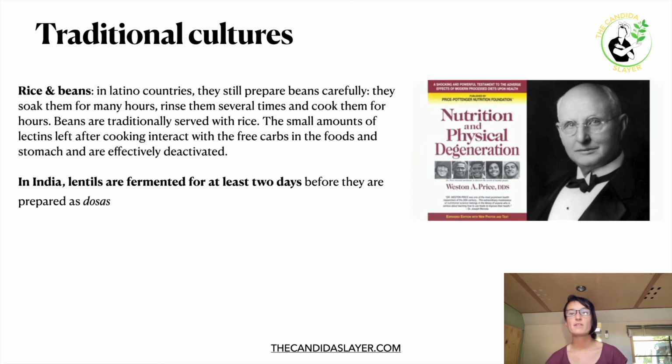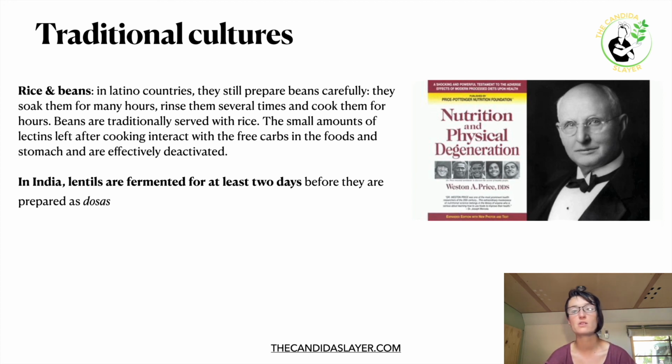First of all, when they cook beans, they prepare them the proper way. They soak their beans for hours and even days, and they rinse their beans several times. And then they cook their beans for many hours, okay? And then they serve their beans with rice. It's always both together, rice and beans.